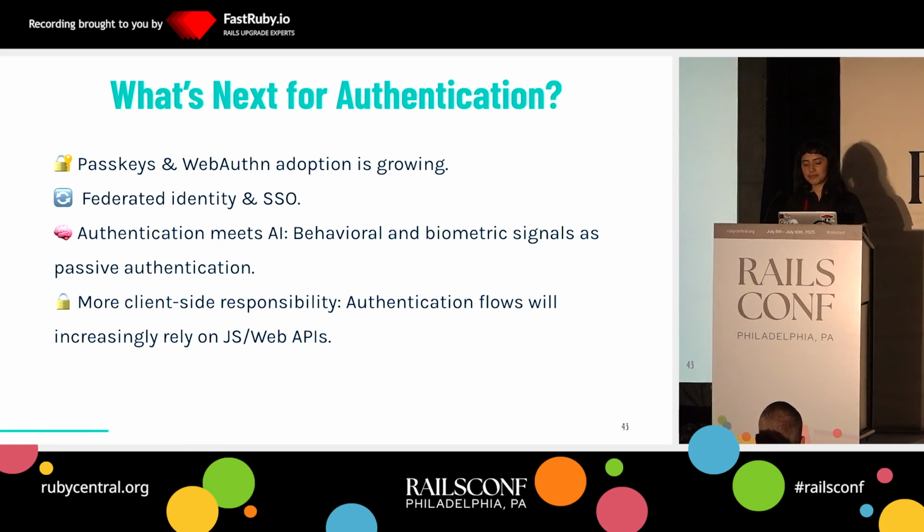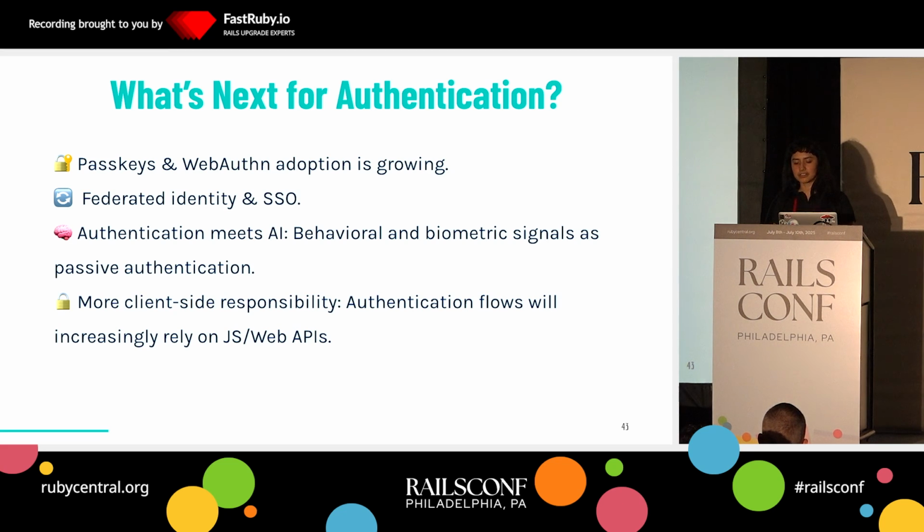Behavioral signals refers to using subtle passive patterns in how someone interacts with a device or with your application. So things like keystroke behavior, like how fast you type or how often you make mistakes, where you are logging from, how you navigate, like how fast or slow you scroll your page.